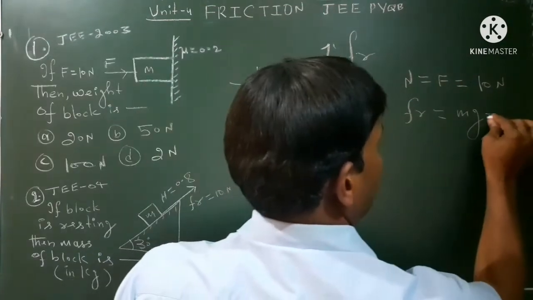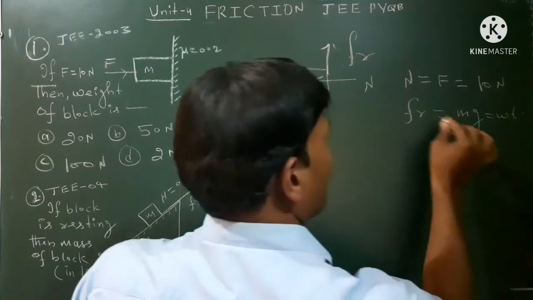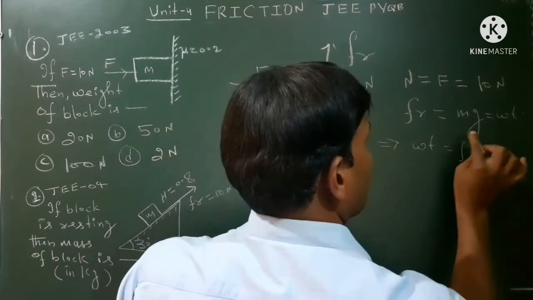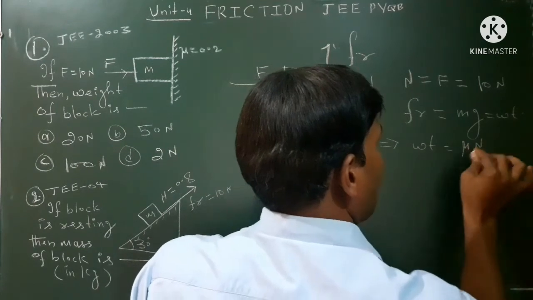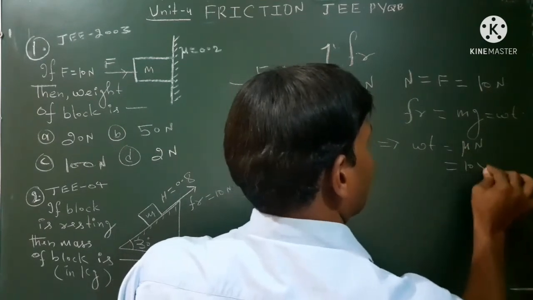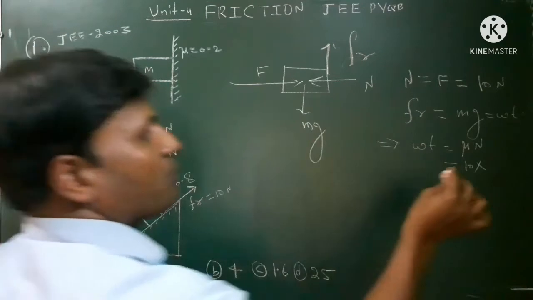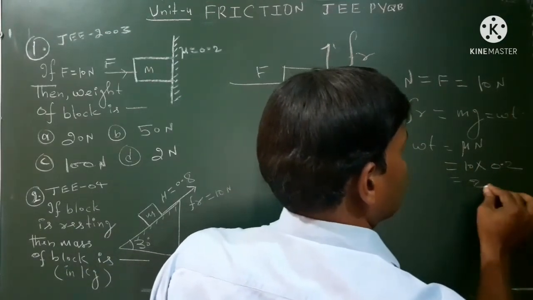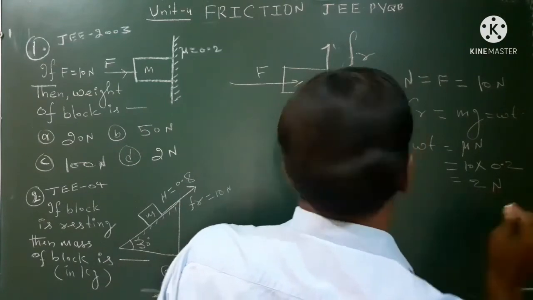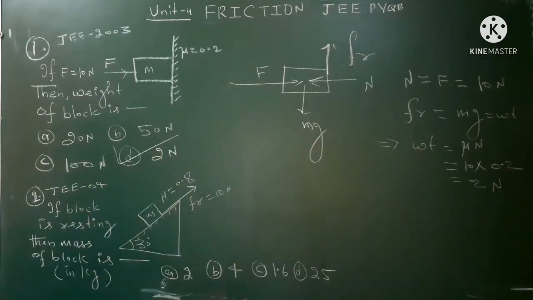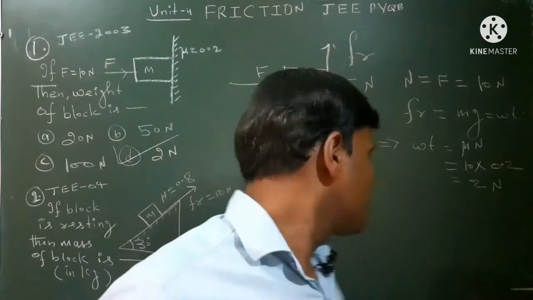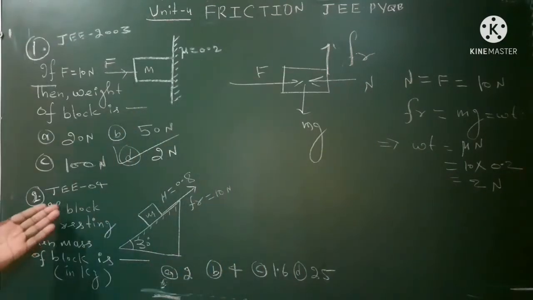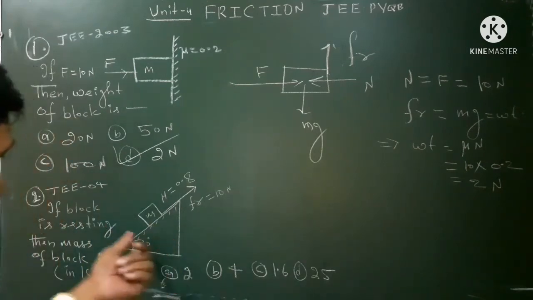Fr we can find as mu N, which is mu times 10. Putting the value of mu as 0.2, the answer will be 2 Newton. So this is a basic question.